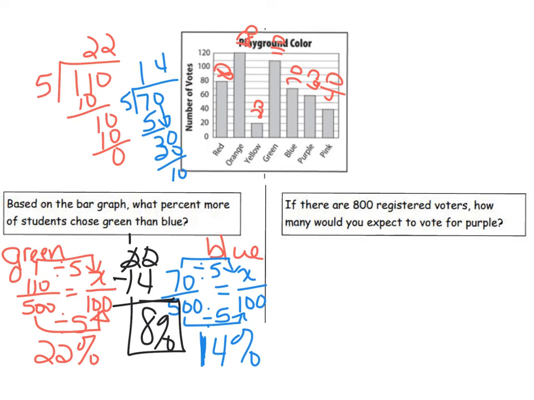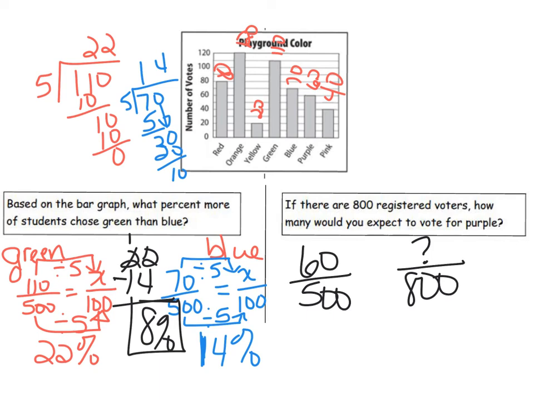So you're going to go based on that. So how many are expected? So we're looking only at people, we're not looking at percent. So we know that purple was 60. So we're going to go with 60, and it's still out of 500. Now we're changing it to 800, so we're trying to find out what that amount is.